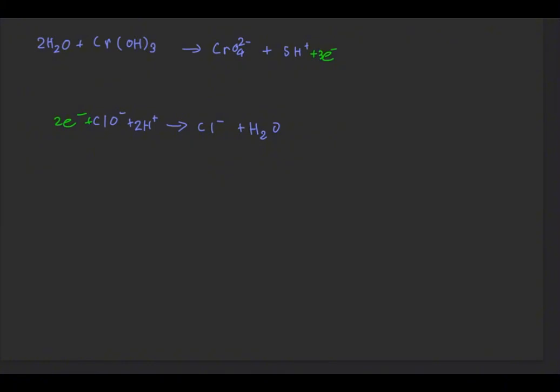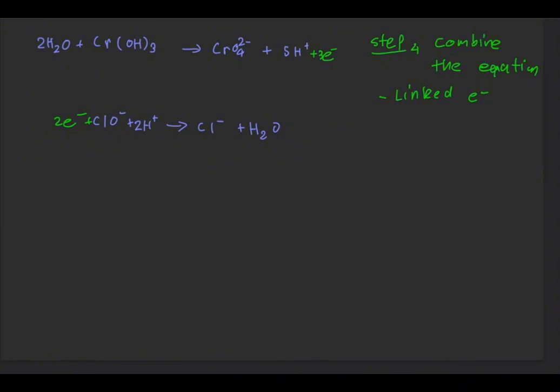Alright, now we have reached the final step, step 4, which is combining the equations. We will combine them by balancing the electrons. We need to check how many electrons are in the first equation and how many are in the second equation.